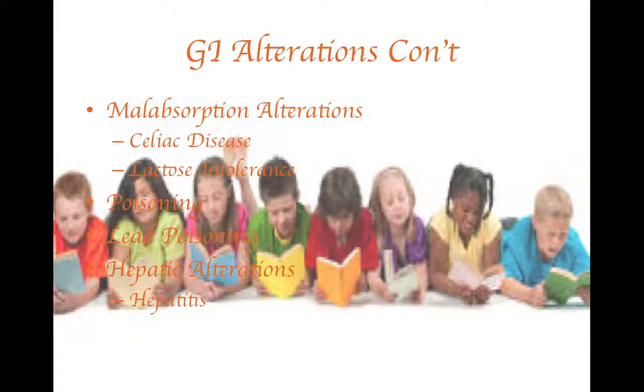So looking at our hepatic alterations, hepatitis is an acute or chronic inflammation of the liver caused by several viral or bacterial infections, fungal or parasitic infections, or chemical and drug toxicity. Five distinct viruses have been identified as causing hepatitis. We have the hepatitis A virus, B virus, C virus, D, and E. In this section, A, B, and C will be discussed because hepatitis D and E are very uncommon in children.